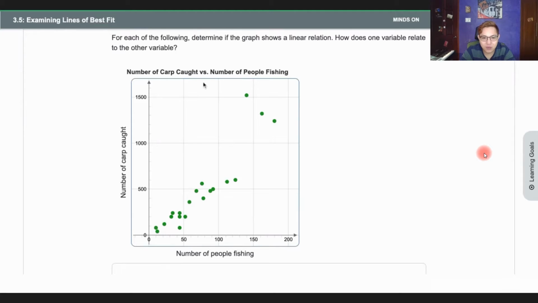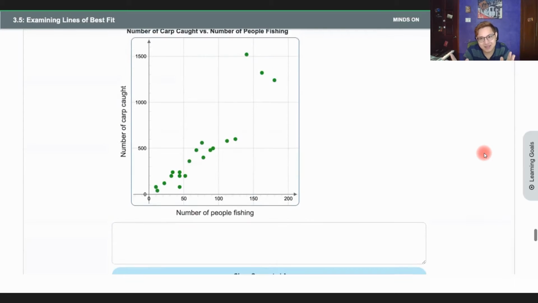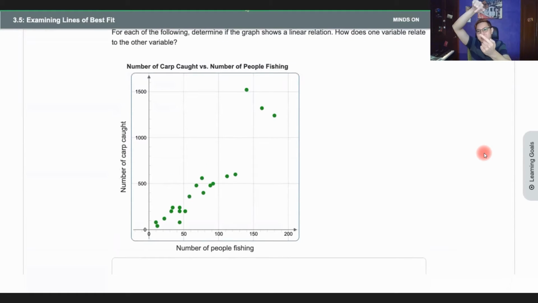But from about 140 to 180 people fishing, it's going down. It's the opposite. So there are two different relationships you can see here, depending on the range of people fishing. They show different relationships. Yes, that happens.